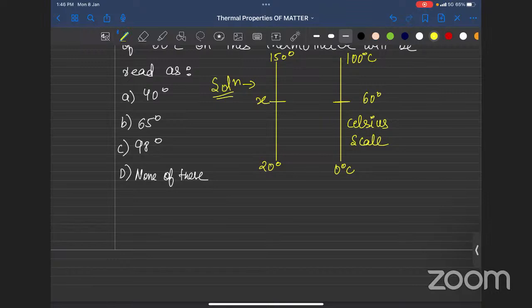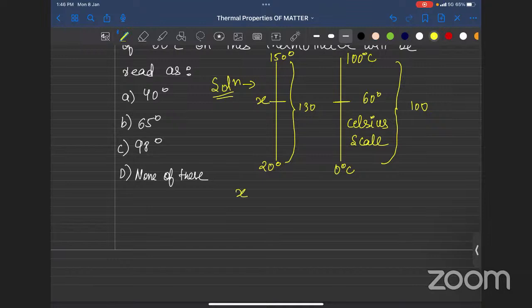So if you check the total divisions between 150 and 20, the total divisions are 130. And of course, it's a Celsius scale, the divisions are 100. Let's apply the constant method.